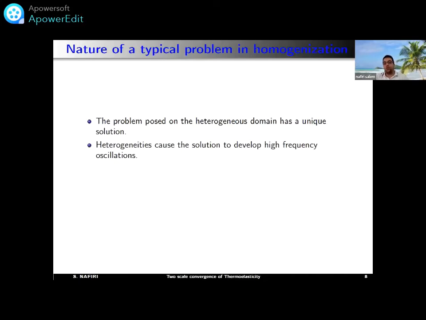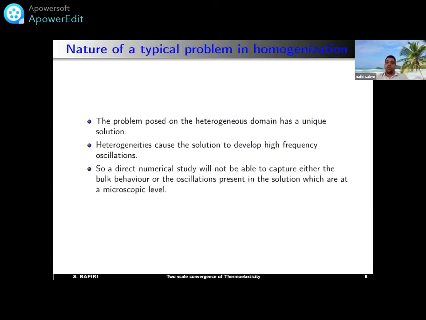So we assume that the family of homogenization problems have unique solutions, and also that heterogeneities cause the solution to develop high frequency oscillations, because when you couple these materials, you have some heterogeneities, and these heterogeneities may cause some irregularity in the solution. So if we want to consider numerical analysis, we have to pay attention, because sometimes it can be so difficult to get the bulk behavior, or the oscillations in the solution which are already at a microscopic level.